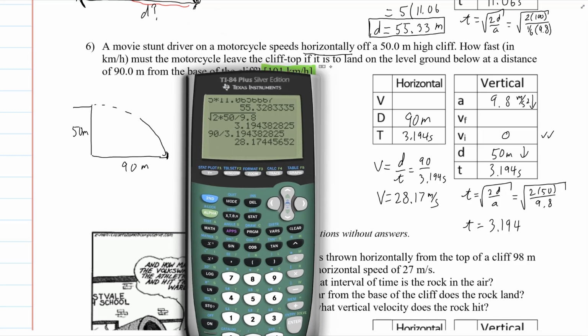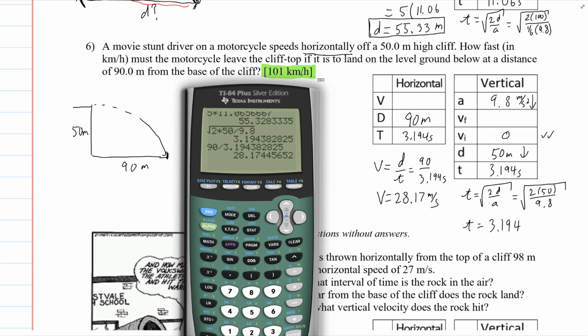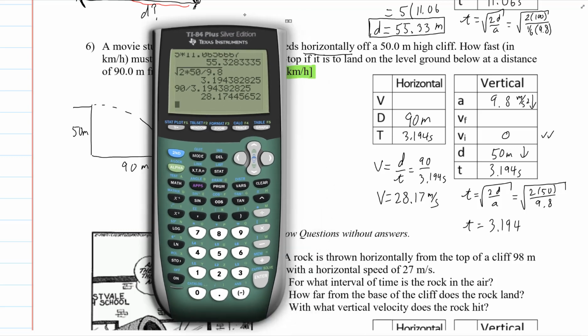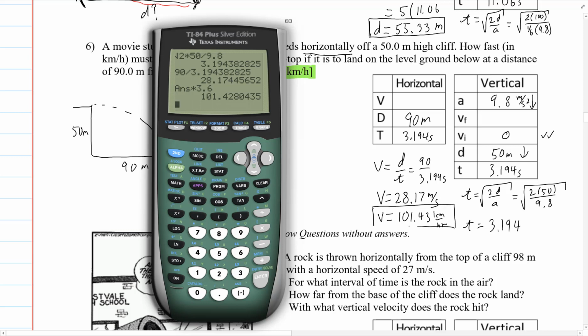But it says to convert it to kilometers per hour. So we will multiply that by the 3.6 that we've been trained to do, and it's 101.42843 kilometers per hour is what they're asking for.